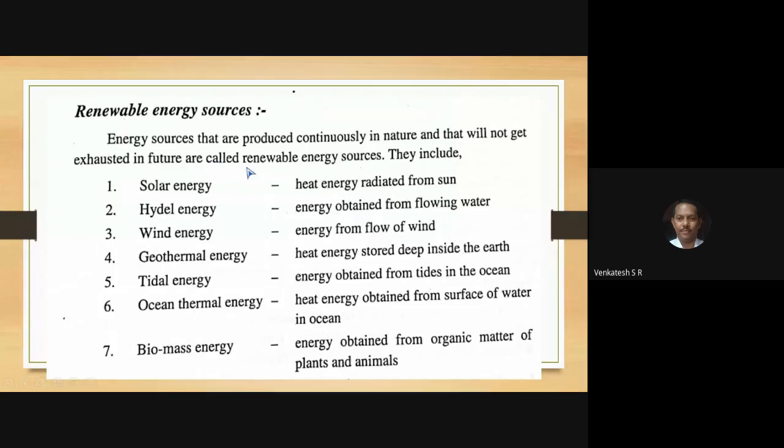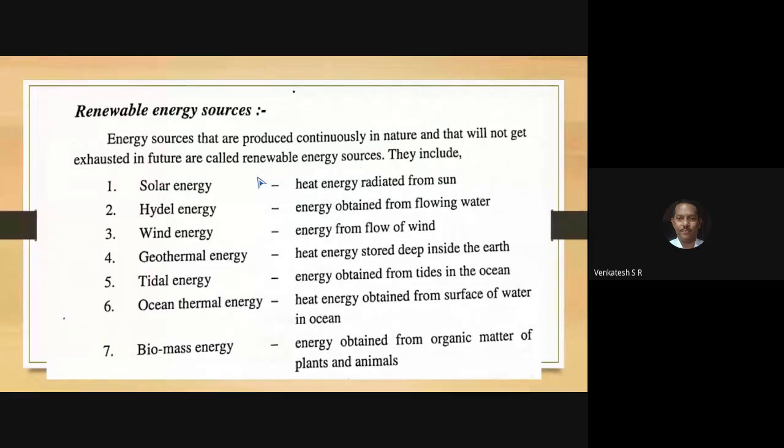It is available continuously. Next, come to the point, hydel energy. We have hydel energy plants in your project, and as well as in Jog. Many of you have seen the site in Jog or in Linganamakki, where we have a hydel power plant, and also in your project we have a hydel power plant.